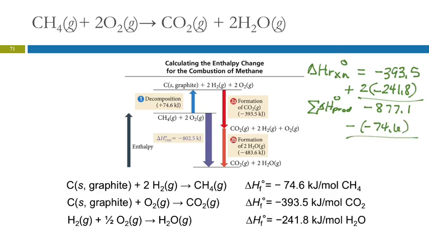So I take my minus 877.1 and I subtract negative 74.6. And I'm going to get minus 802.5 kilojoules. So that is the standard heat of formation for that reaction as written.